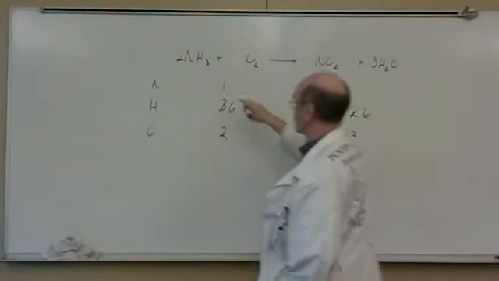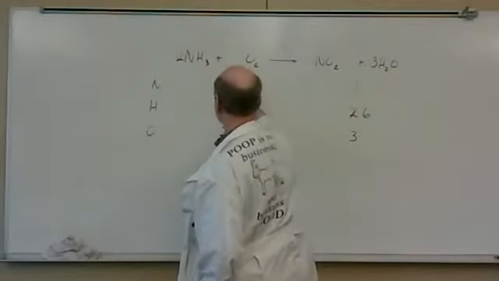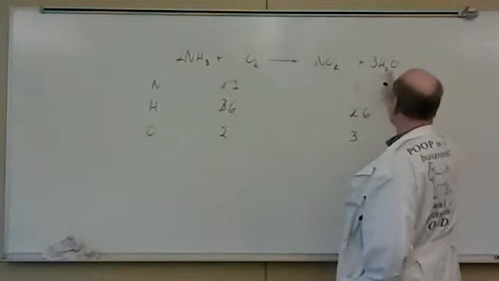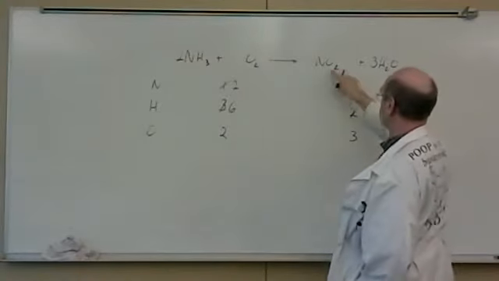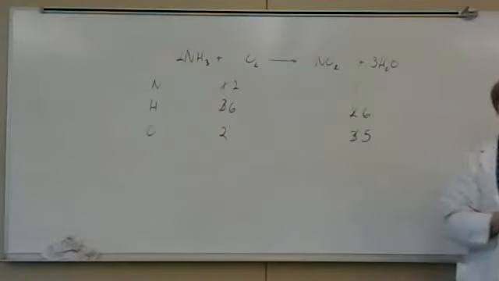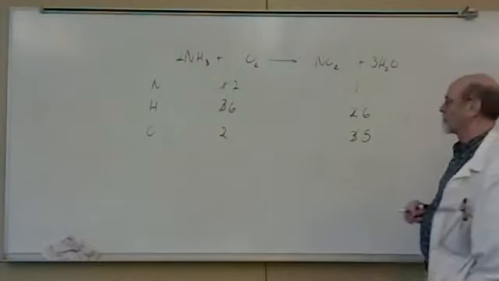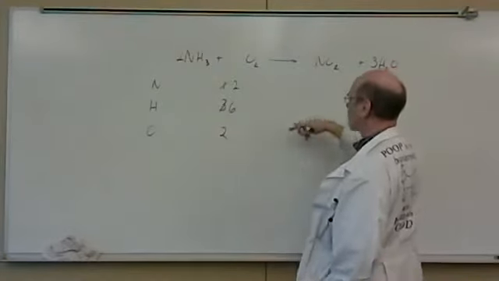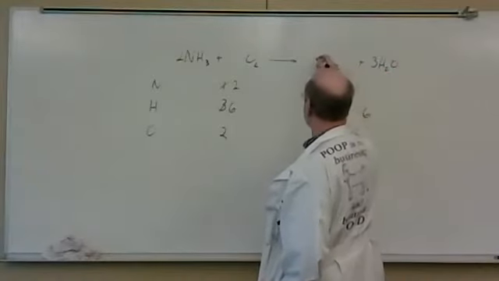But it also changes 2 nitrogens, right? And here it gives you 3 oxygens, plus 2 is 5. Okay? So now, let's go back to nitrogen. So we need 2 nitrogens.